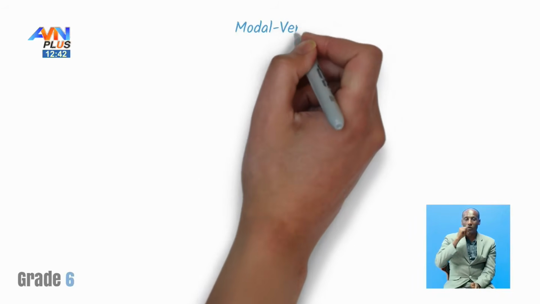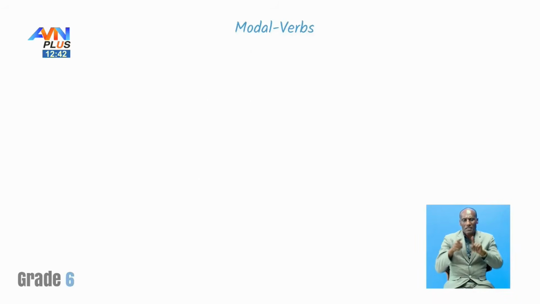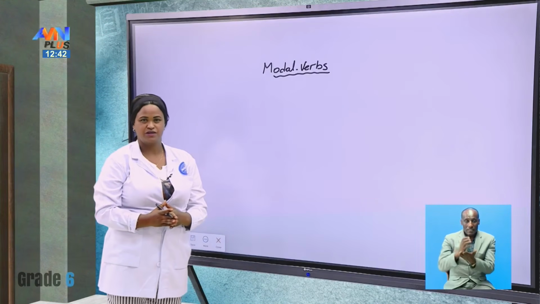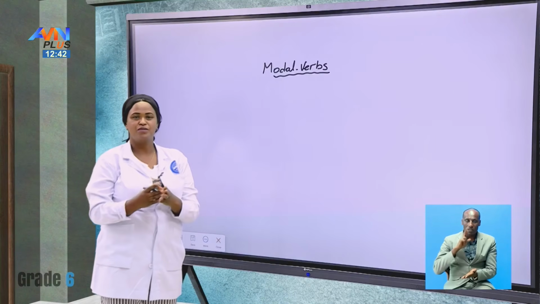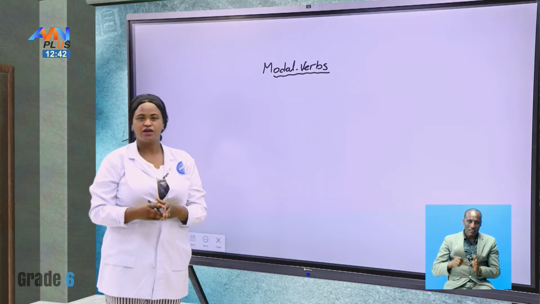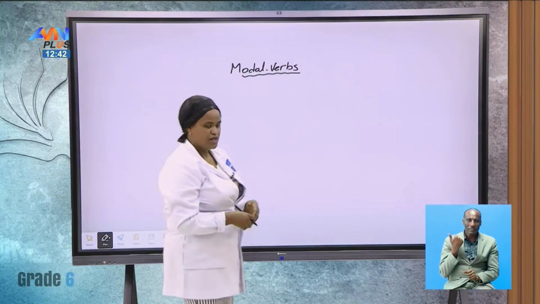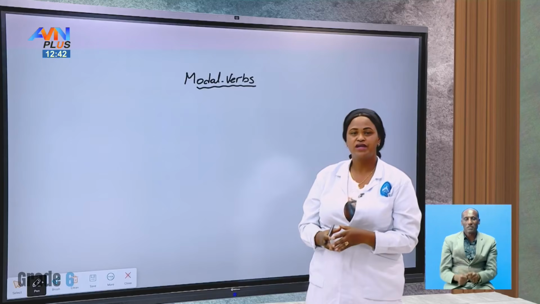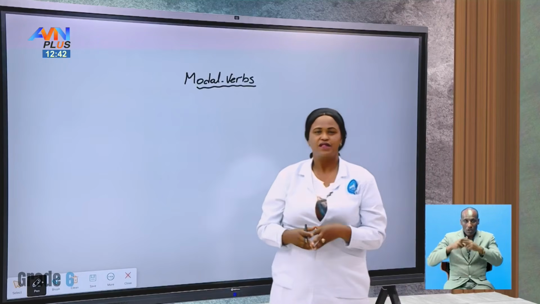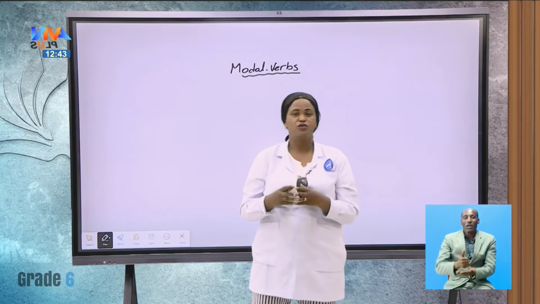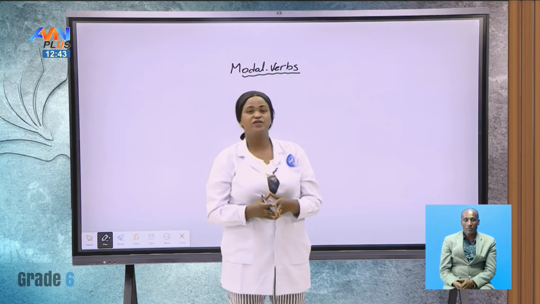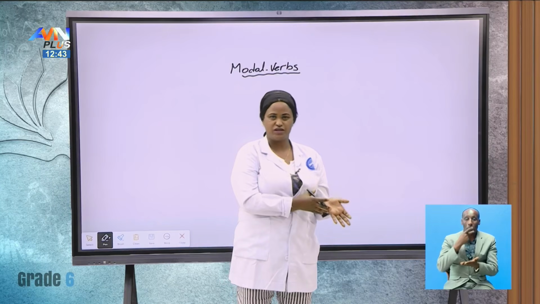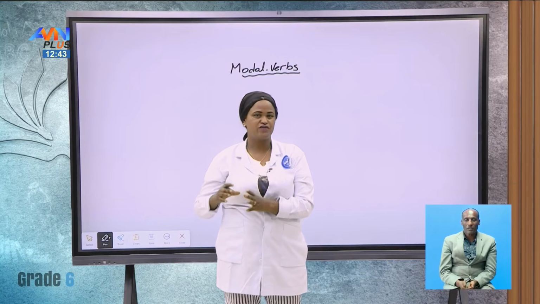Modal verbs. There are different types of modal verbs. Yes, to tell some: must, should, ought to, could, may, might, had to, had better, need to, etc. These modal verbs, or we call them modal auxiliaries, are different from the other auxiliaries that we learned last time, like the present auxiliaries and the past auxiliaries or the perfect auxiliaries.